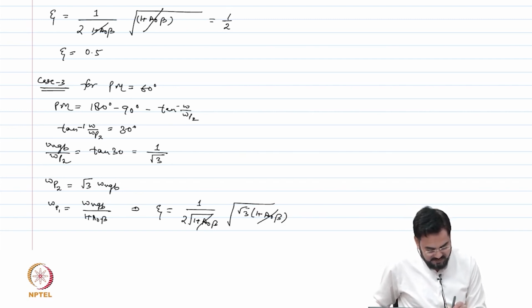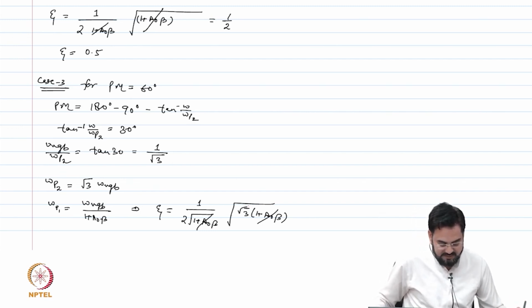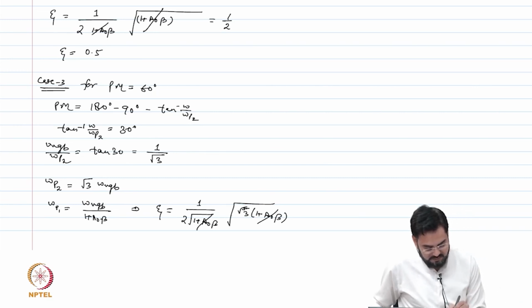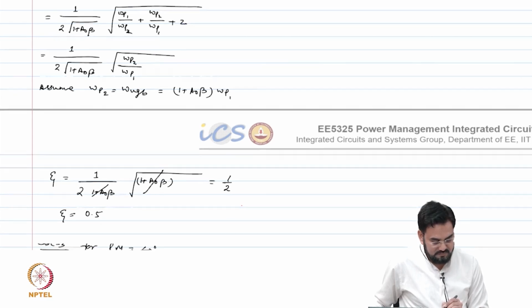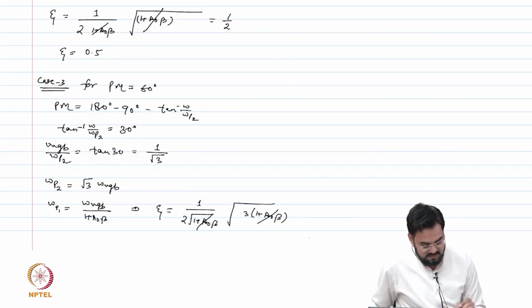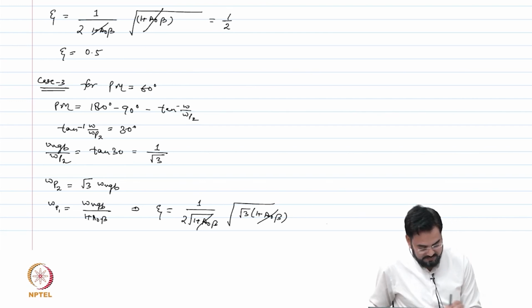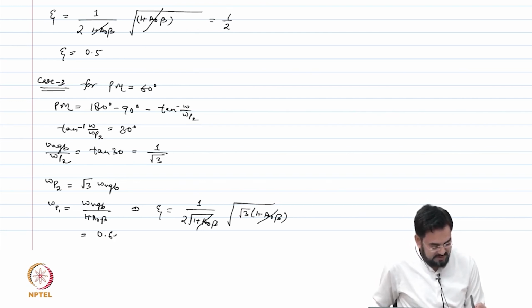So what is this? Can you tell me the value of zeta? 0.6. This was square root 3. 0.65 roughly. Okay.